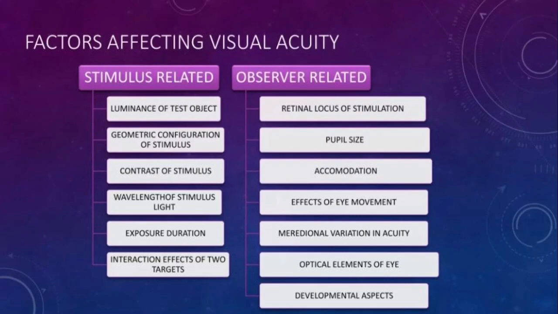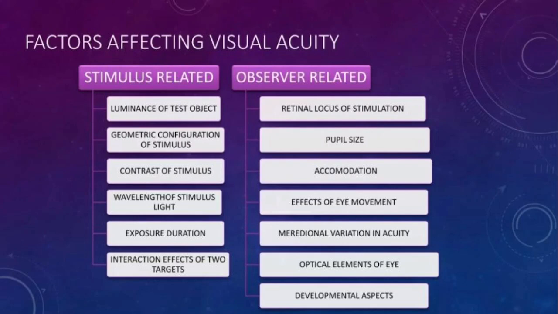Factors affecting visual acuity. There are several factors that can affect visual acuity, including: number 1, refractive error.